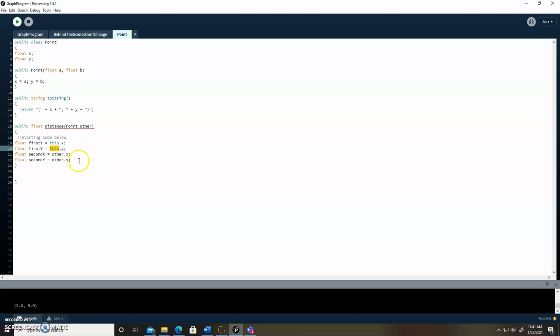Okay, and then, once I have these, we don't have to break this down into so many steps, but just to separate it some, I'll call it x diff. It's first x, since I made those variables, minus second x.